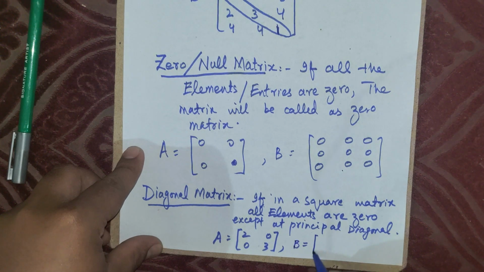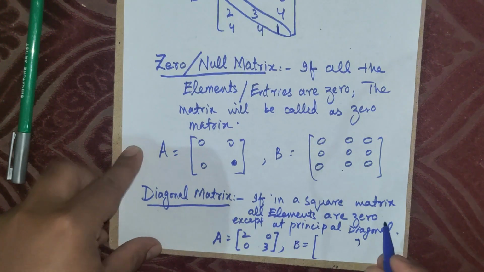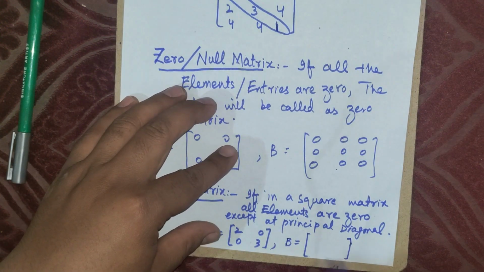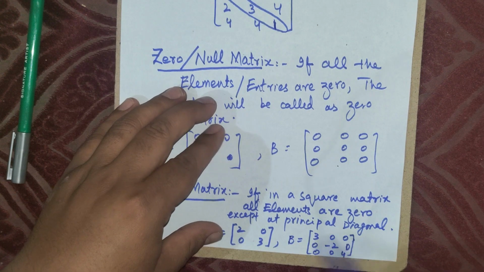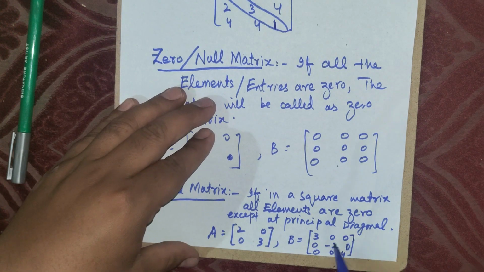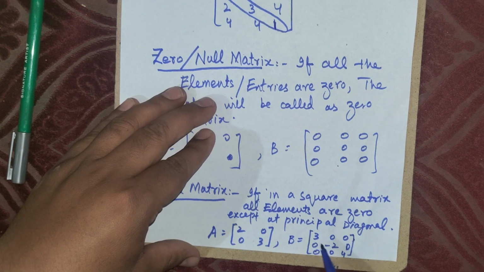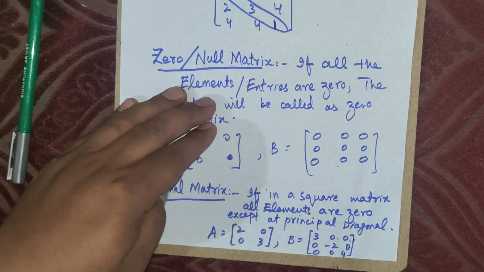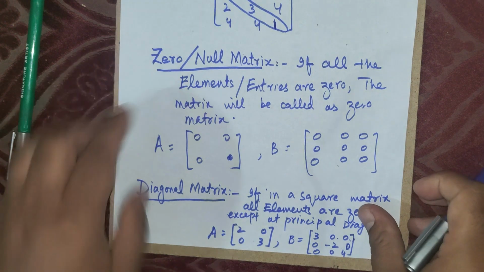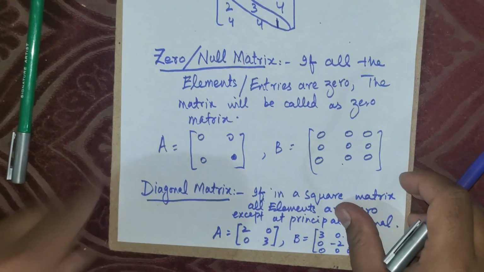Let's suppose B is equal to 3, 0, 0, 0, minus 2, 1, 0, 0, 0, 4. Now in this 3 by 3 square matrix, all the elements are 0 except at the principal diagonal. So this matrix is called a diagonal matrix.